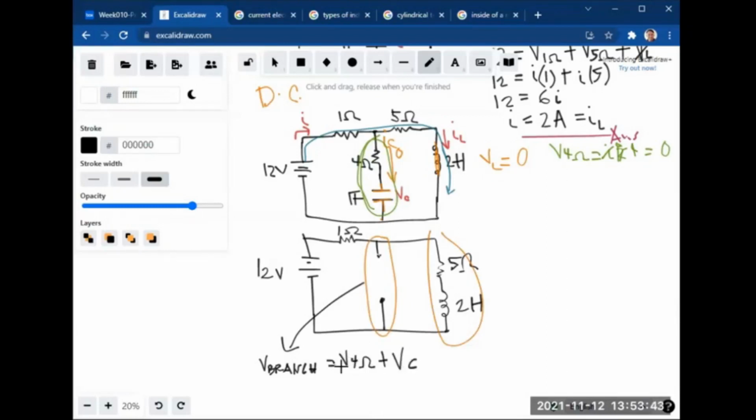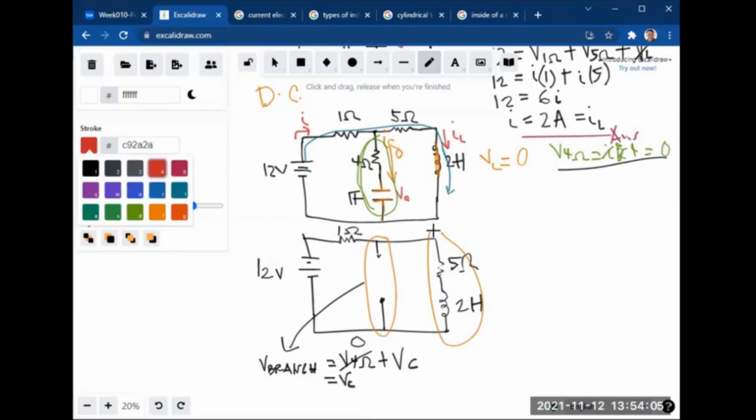Since this is an open circuit, the current is 0 in the 4 ohm resistor, so the voltage across it is 0. Therefore, the voltage across this branch will be equal to the voltage across the capacitor. And this branch is parallel to this branch, so whatever the voltage here will be equal to the voltage here. And the current flowing through this one is equal to 2 amperes.